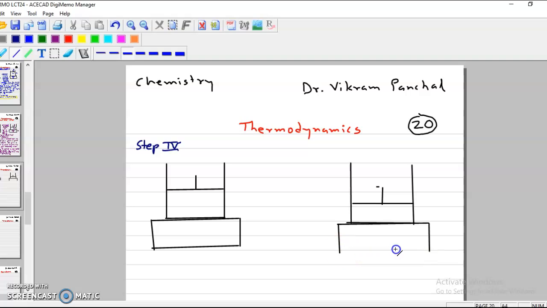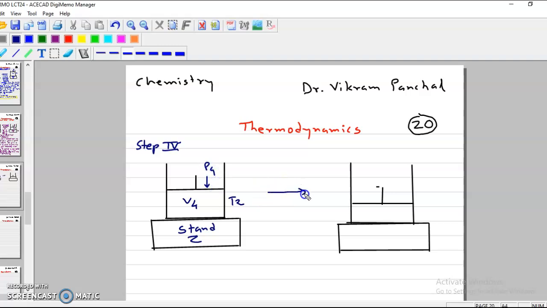Because it is on insulator stand Z, this is volume V4, temperature is T2, and this is stand Z, which is insulator, and pressure was P4.